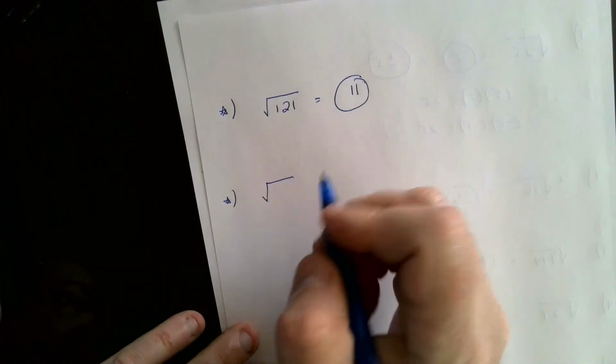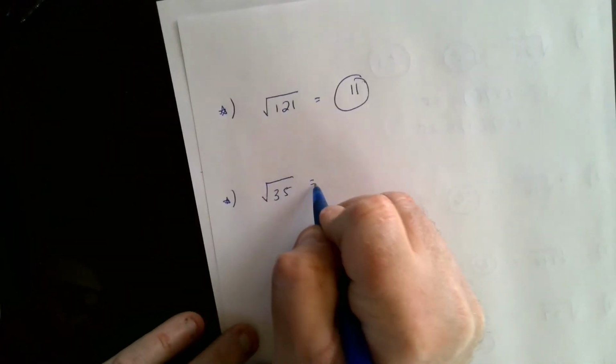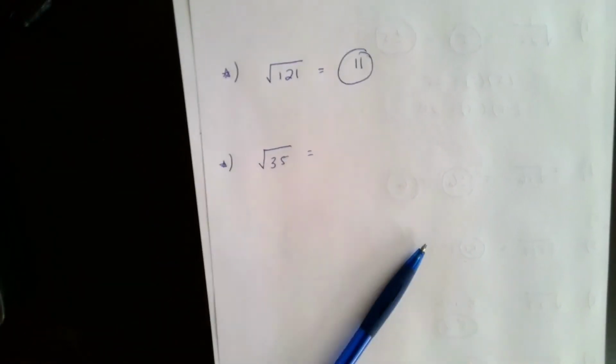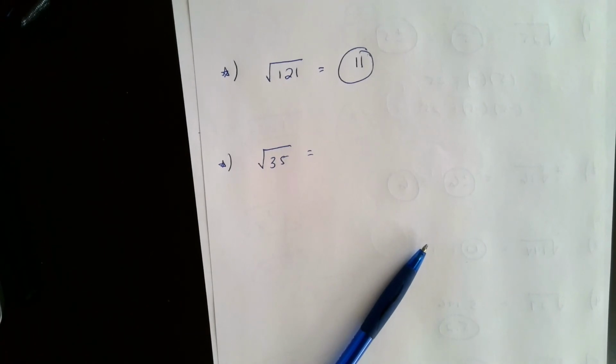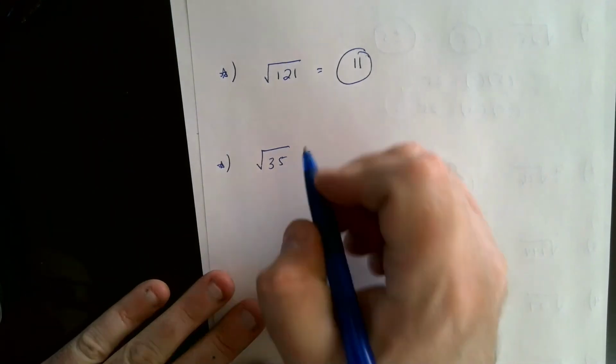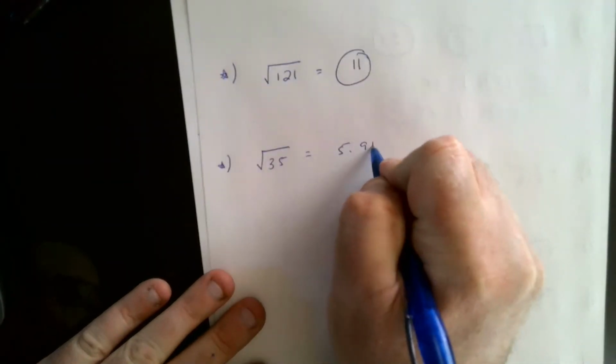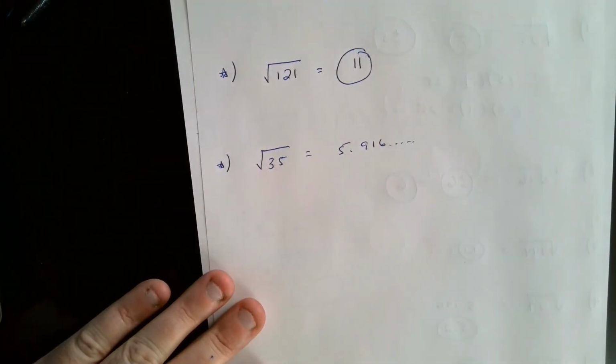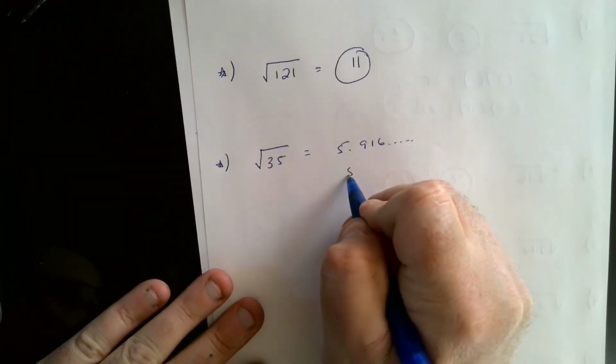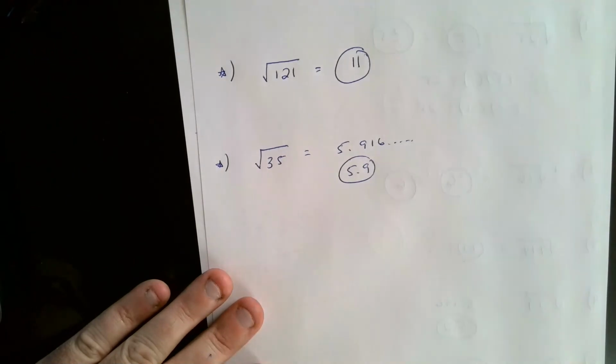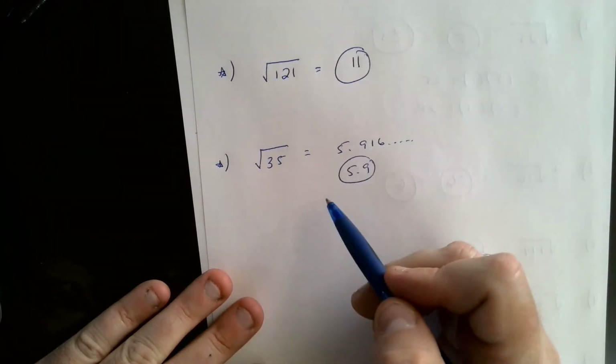We also do have situations where it turns out to be a decimal. So if we ask for the square root of 35, there is not a perfect square root of 35. So you need to use a calculator and round to the nearest tenth, and you get roughly 5.916, and it keeps going. So we just want to round that to the nearest tenth and put about 5.9. Okay, so you could get decimal answers as well.